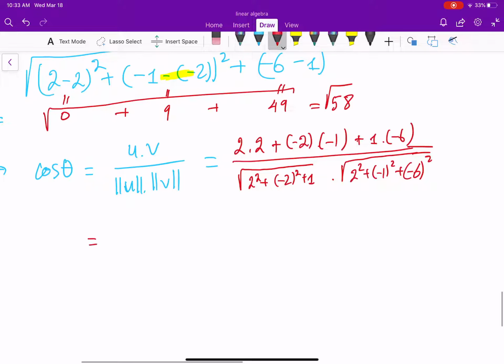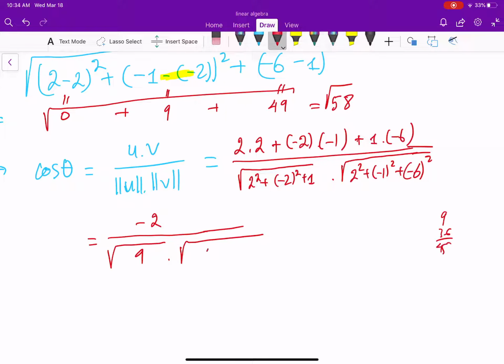And what is that? We have 2 plus 2 is 4, 4 minus 6 is -2. And in here you have square root of 8. I have 9 here, which is very nice. The second one, I have 8. 4 plus 1 is 9. 9 plus 36 is 45.